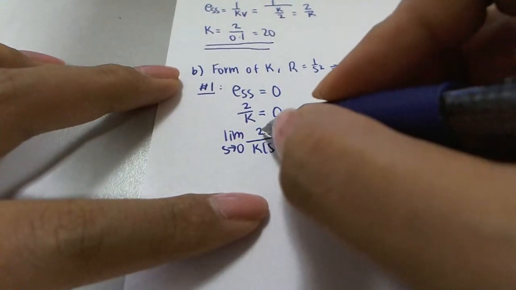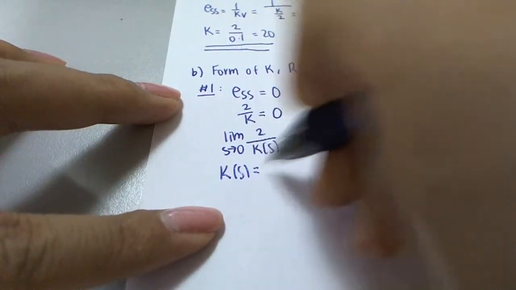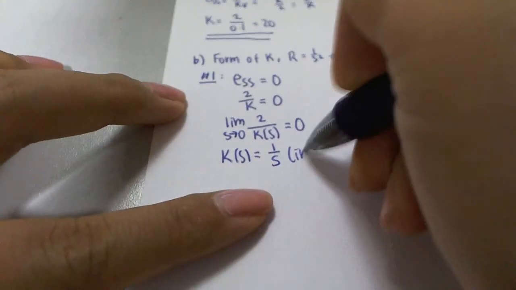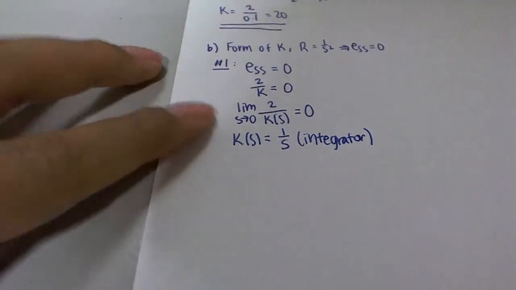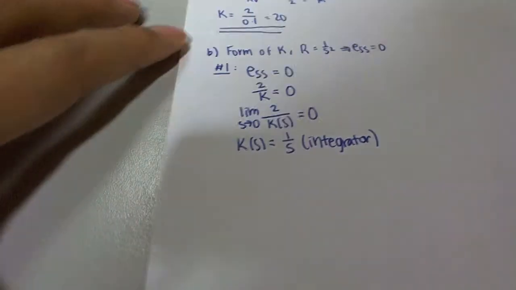So in order for us to have s at the numerator, K has to be in the form of an integrator. So if we have an integrator we will get a zero steady state error for a unit ramp input.